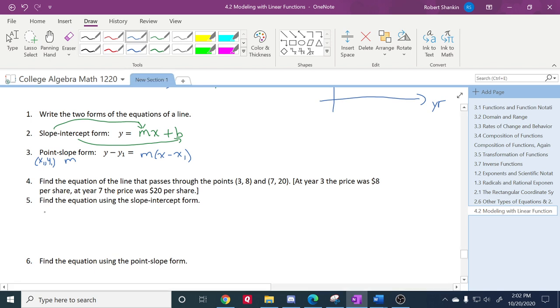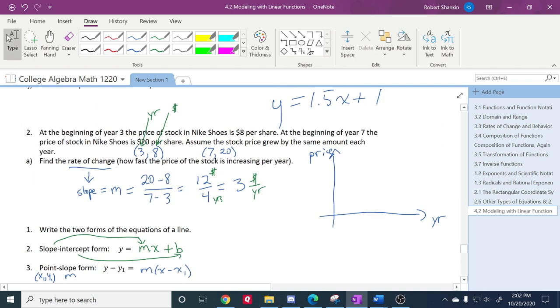So we start with y equals mx plus b. And we have figured out the m was 3.